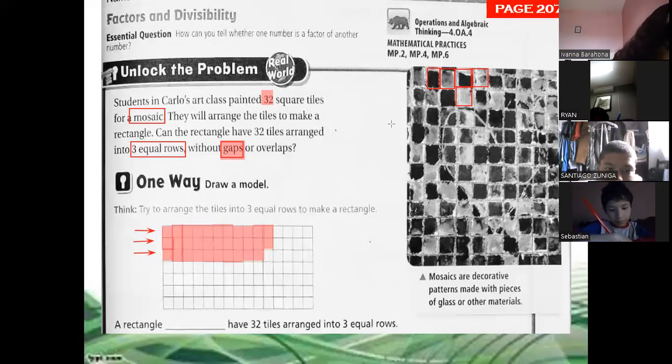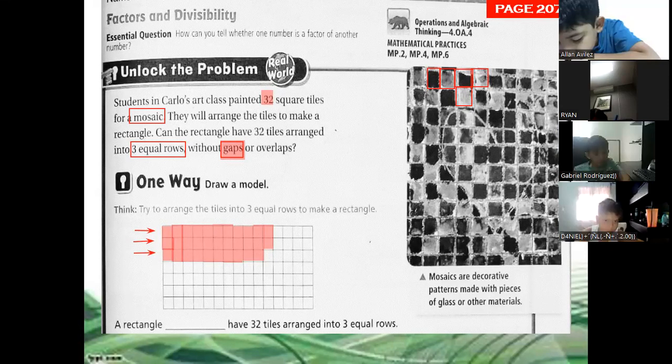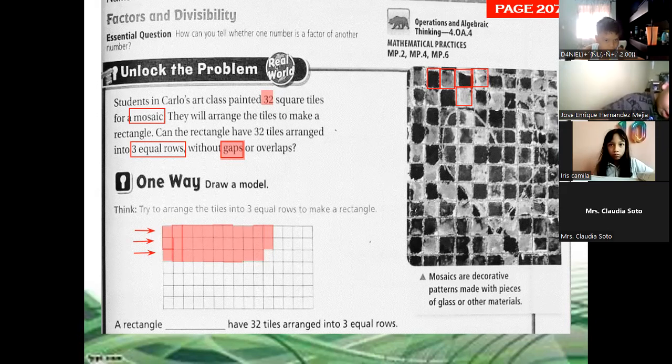So, it was possible? Yes. What do you think? If I trace the rectangle, it would be like this. What happened?